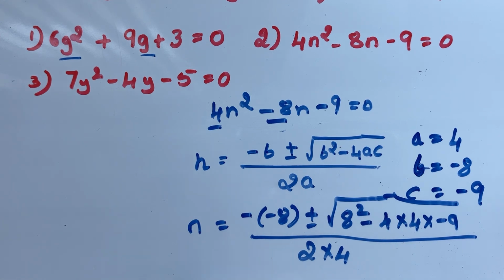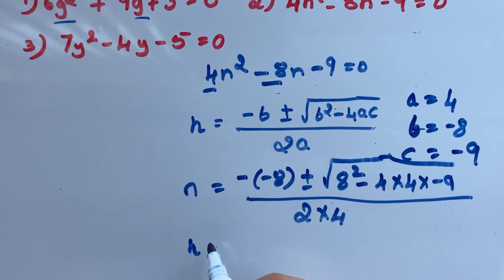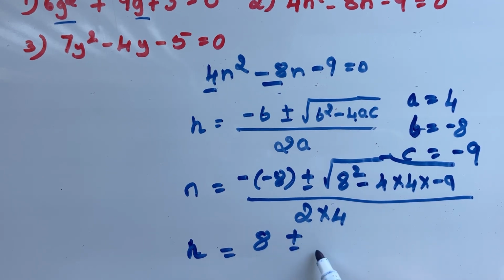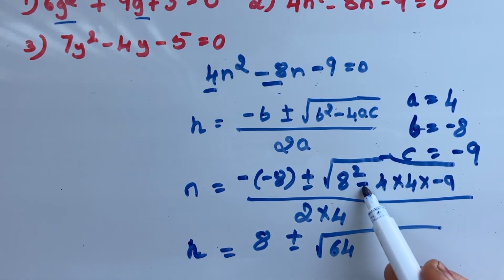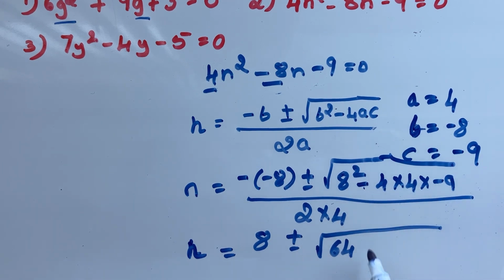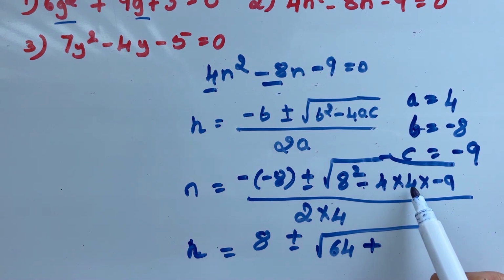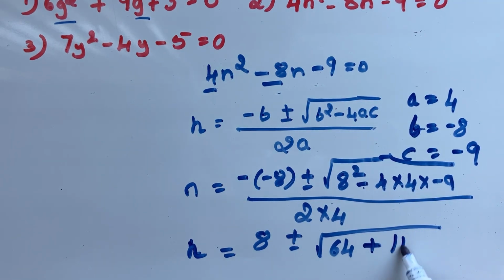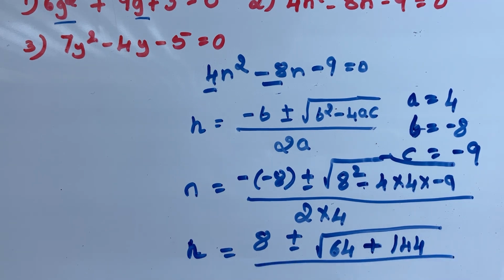Simplify further. n is equal to negative of negative 8, which is nothing but positive 8, plus or minus square root of 8 squared, which is 64, minus negative, so positive, 4 times 4 is 16, 16 times 9 is 144, divided by 8.